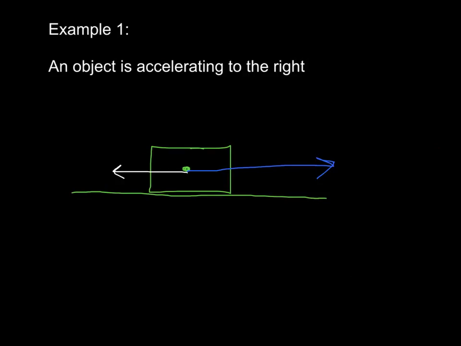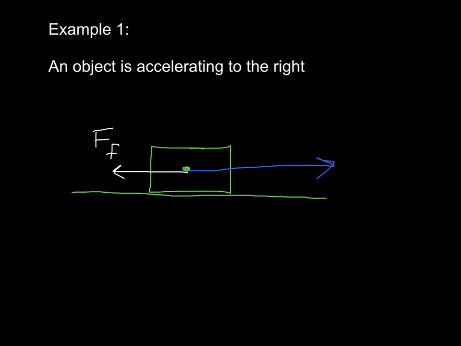Let's see if we can think about what these might be. The one to the left, the white one, is the one that is in the opposite direction of the motion. So if it's opposing the motion, then the white one must be the friction force. In this particular problem, it doesn't tell us what that motion is being caused by.